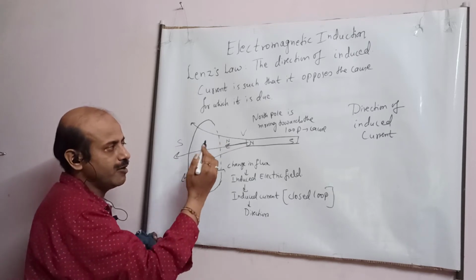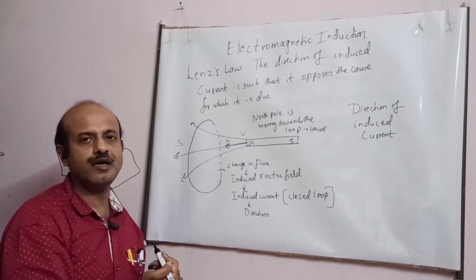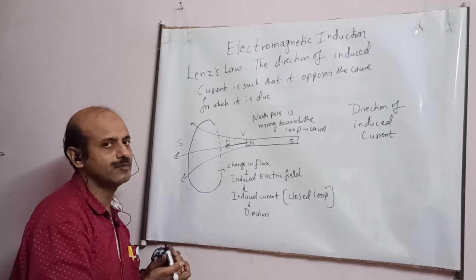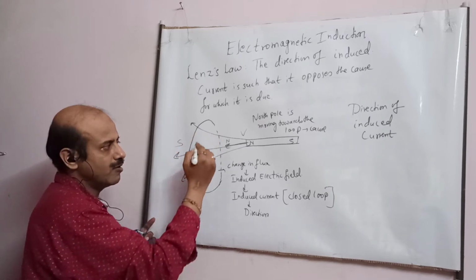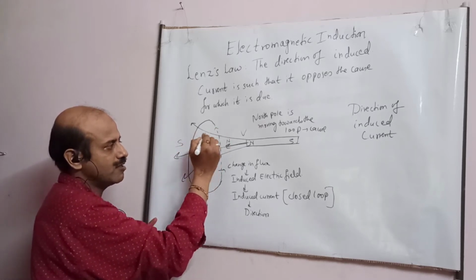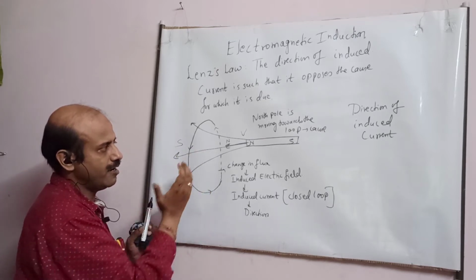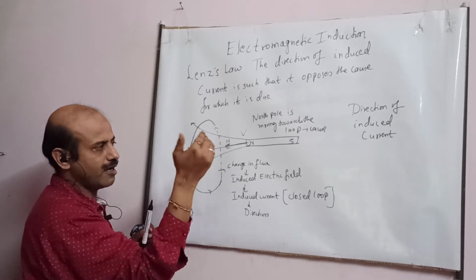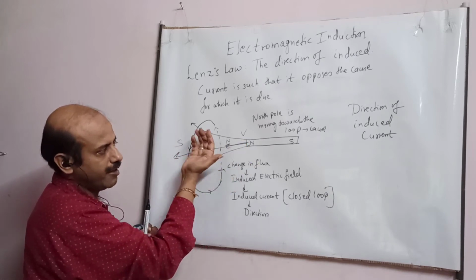Now, in order to produce North Pole this side, students, in which direction must the current flow? See the curling of fingers, this is inside the board, students. So current must flow along this direction. You see from this side, this is inside the board. North Pole will be created this side, students.